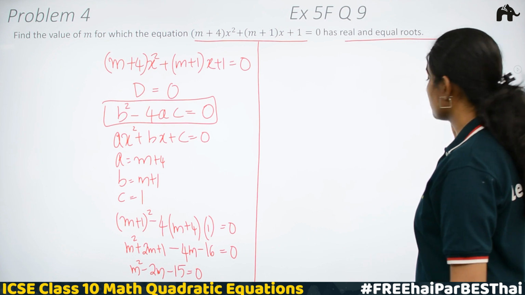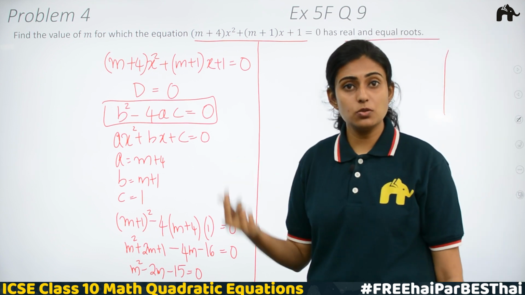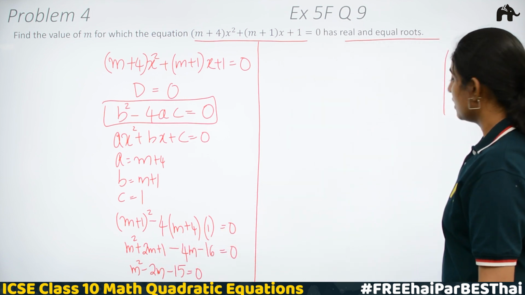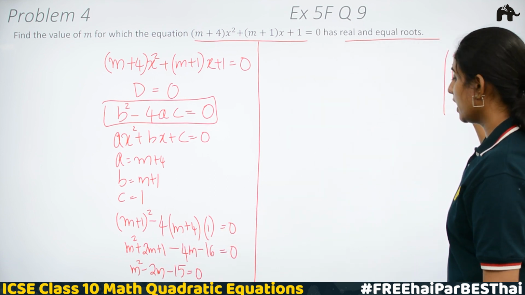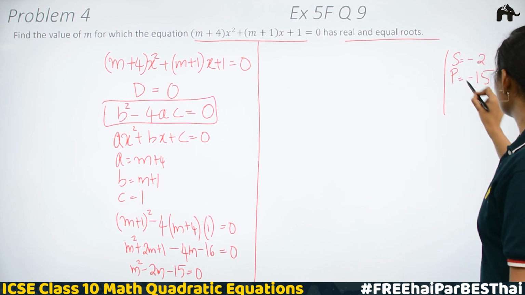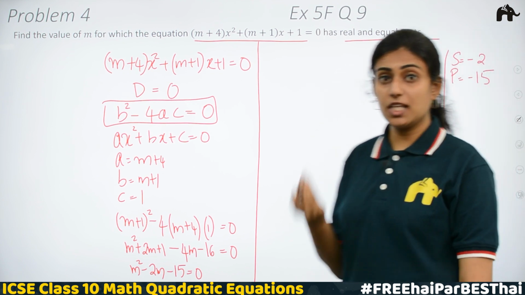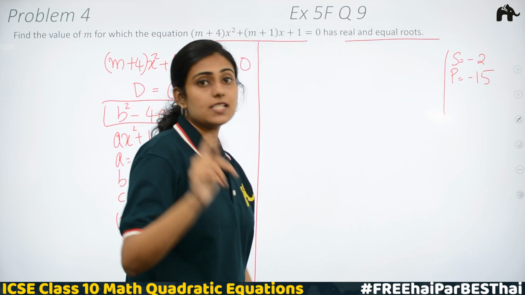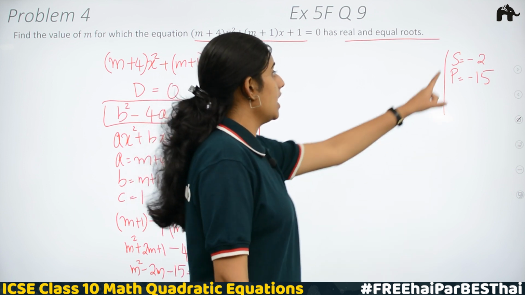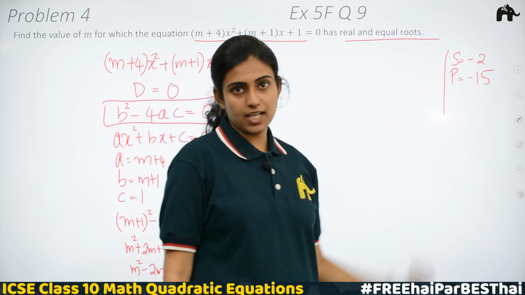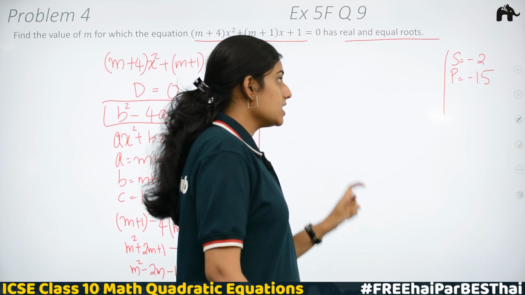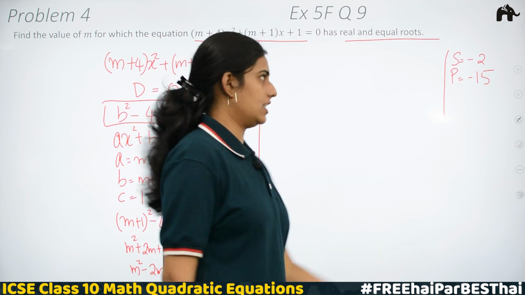Now, we have to take two numbers such that the sum is equal to −2 and product is equal to −15. Here we have a negative sign in the product, which means when we choose two numbers, one number should be negative and the other should be positive. In the sum also we have a negative sign, which means the greater number should be negative.